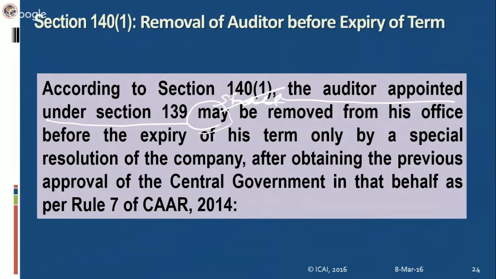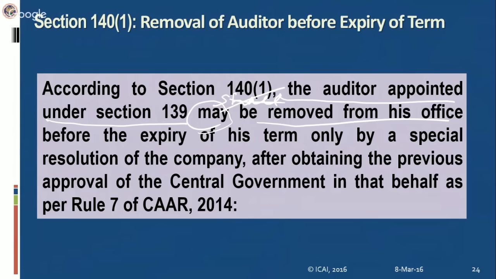So the auditor appointed under section 139 may be removed from his office before the expiry of his term only by a special resolution. So it is possible to remove him from his office.